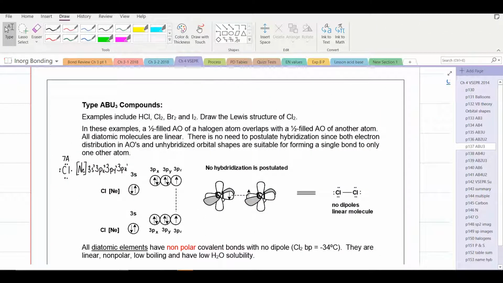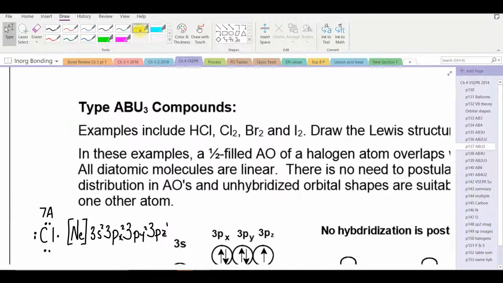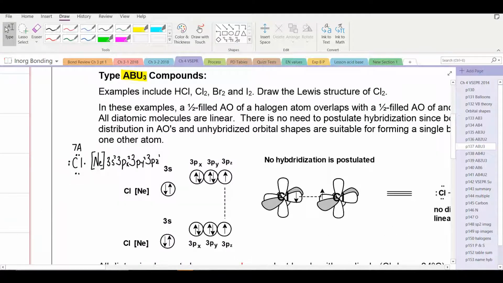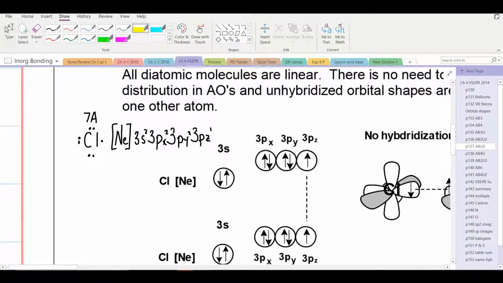Page 137, let's look at compounds of the type AB U3. That means 1 central atom, 1 bonded atom, and then 3 unshared pair of electrons. These would occur in, say, for example, HCl, or chlorine, or bromine, or iodine. Let's look at a valence bond treatment of the chlorine molecule. So here chlorine is in group 7a.